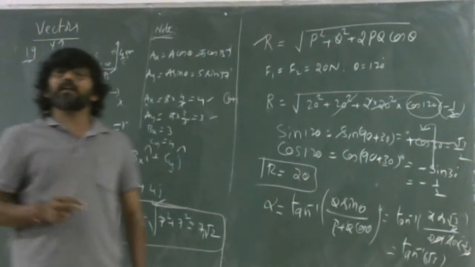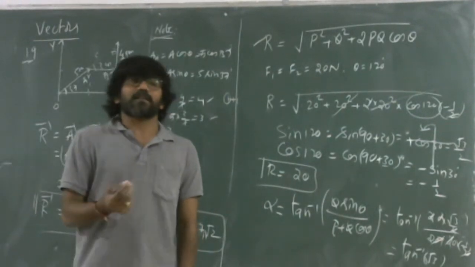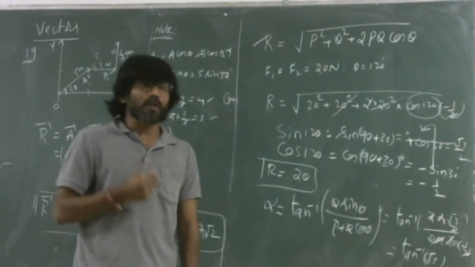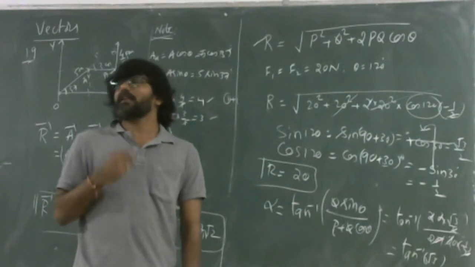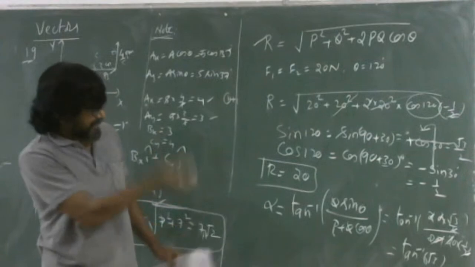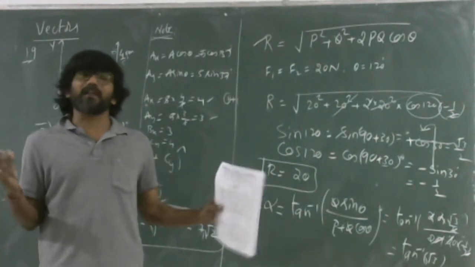So these calculations you have to practice, guys. Maybe I am doing it a little faster, but you have to follow that carefully. You have to practice. Okay? If you are not practicing, you will feel, oh, I was doing something and I am not understanding. This kind of feeling will come.